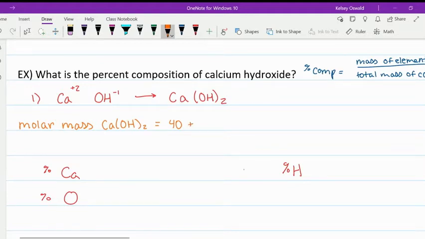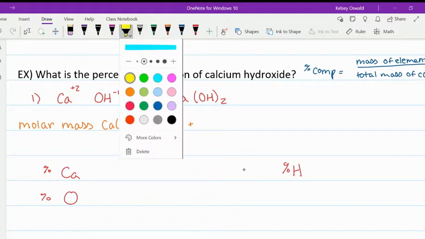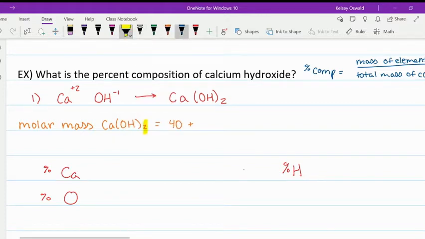But be careful. Notice how we have that little subscript 2. That's going to tell us that we have 2 OHs. So we have 2 oxygens and 2 hydrogens here. So we're going to need to multiply each of those individual masses by 2.